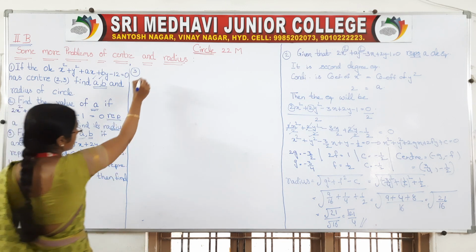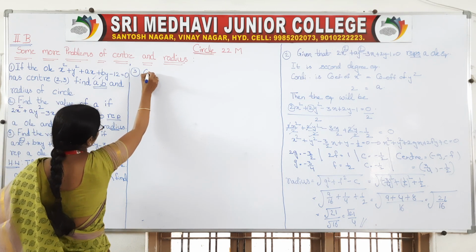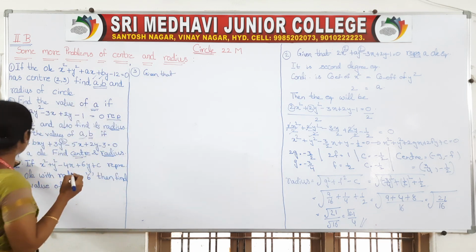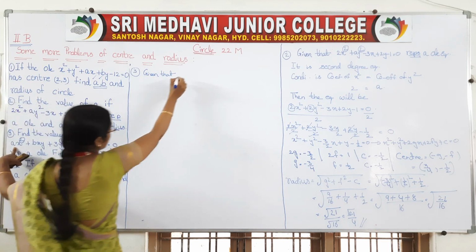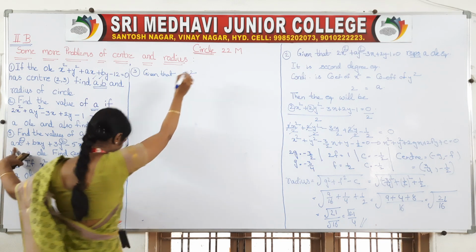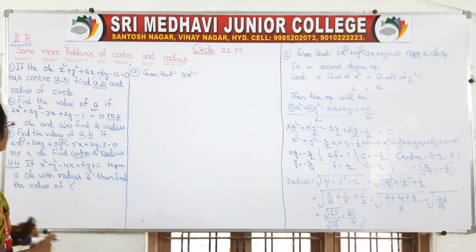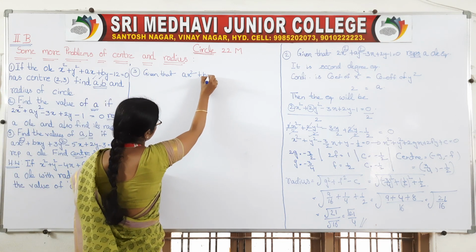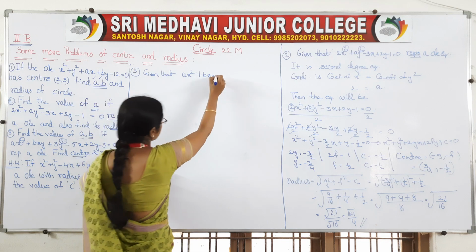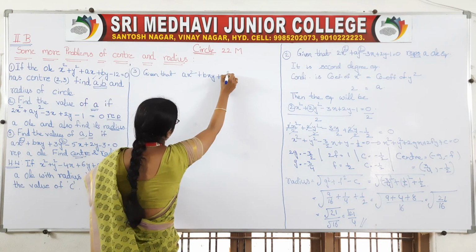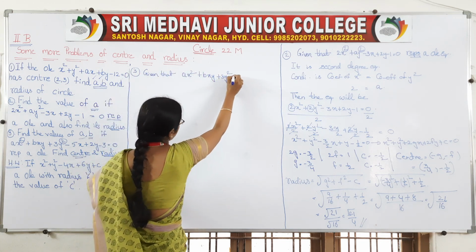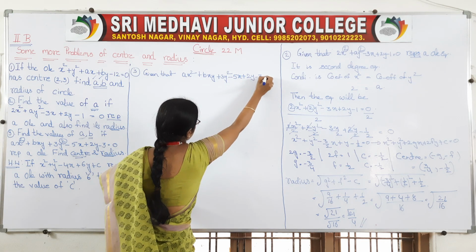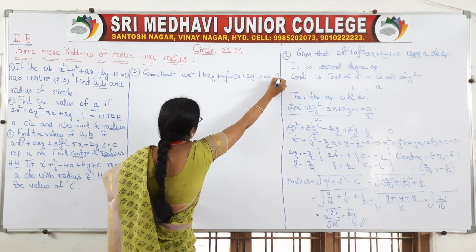So first, what is the given information to you? Given that, what is that equation? This is the equation: ax square plus bxy plus 3y square minus 5x plus 2y minus 3 is equal to 0.